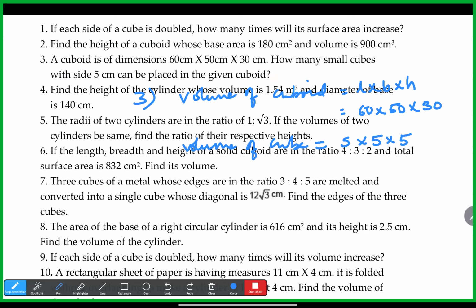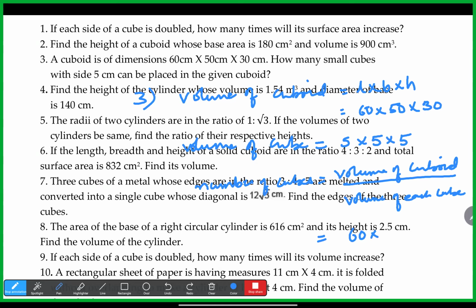I'm not finding its final value because I want the number of cubes. Number of cubes that can be filled in that cuboid is nothing but volume of box, volume of cuboid, by volume of each cube. So we'll get 60 into 50 into 30 by 5 into 5 into 5.